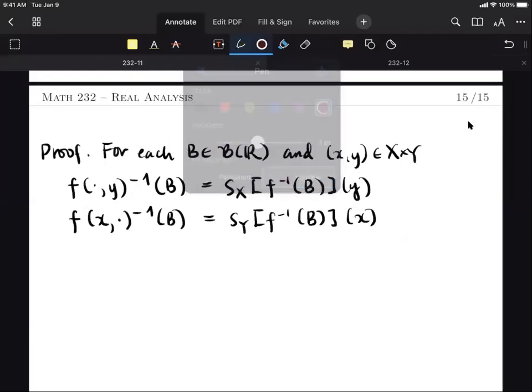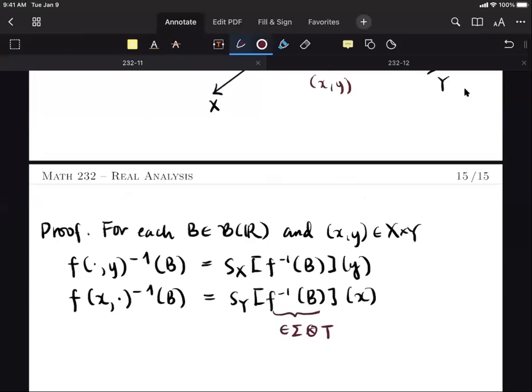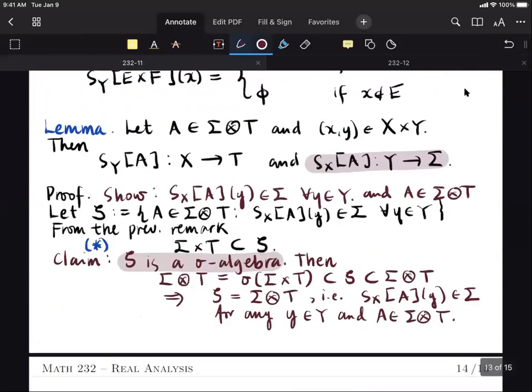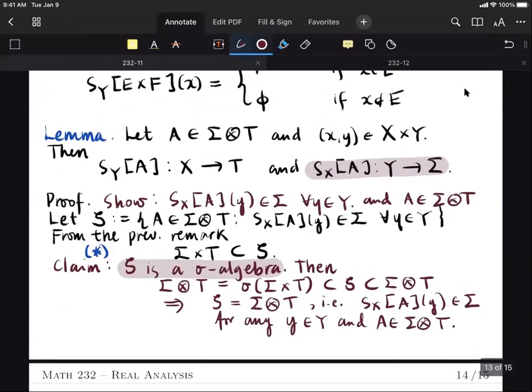Okay, so take note that by measurability, this inverse image is in the product sigma algebra. Now, according to the previous lemma, the section maps y into sigma and x to t.